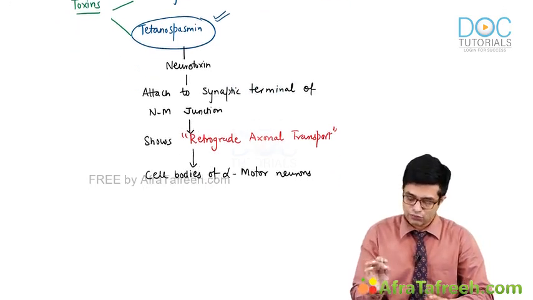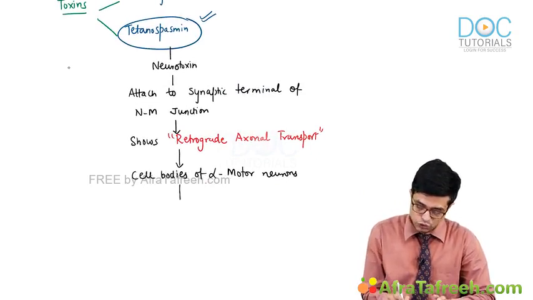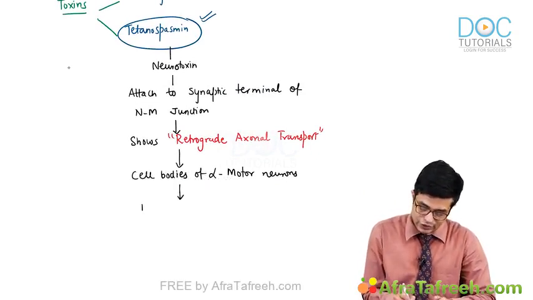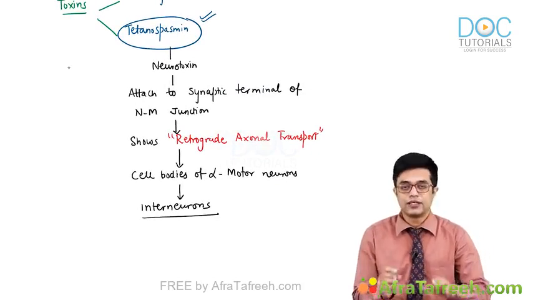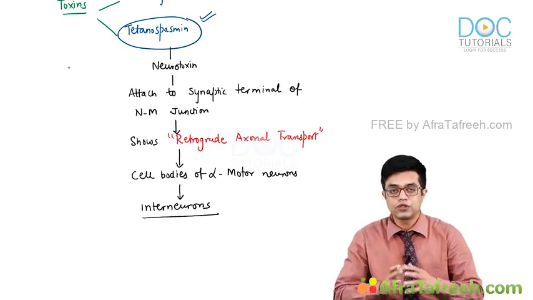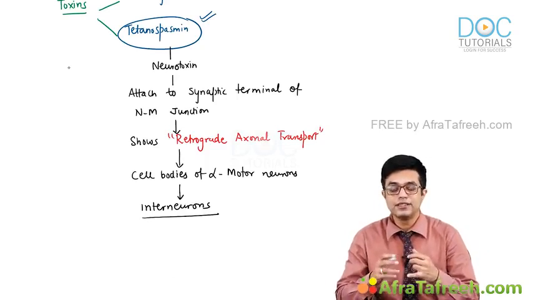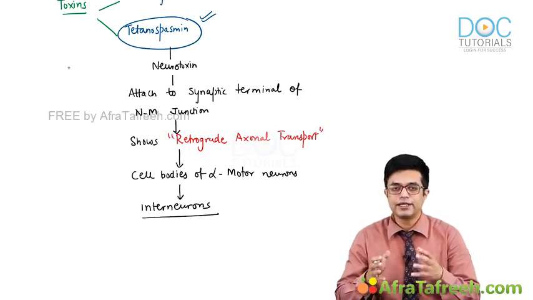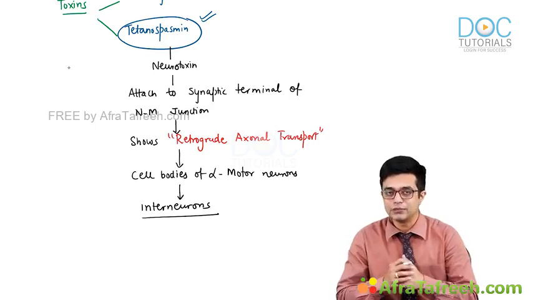After reaching these alpha motor neuron cell bodies, it moves to the inhibitory interneurons. Now, the normal function of interneurons in spinal cord is to release glycine and GABA. Glycine and GABA are inhibitory neurotransmitters. They are involved in relaxation of the muscle.